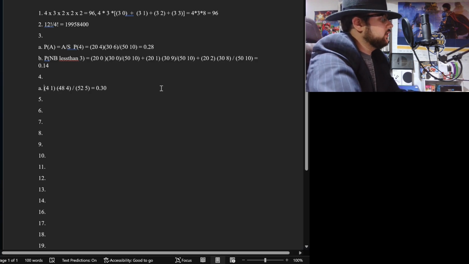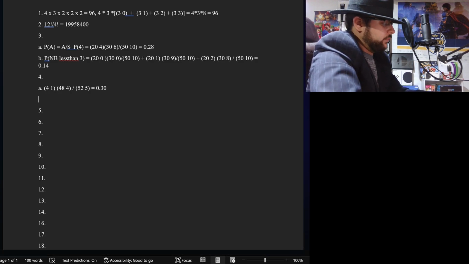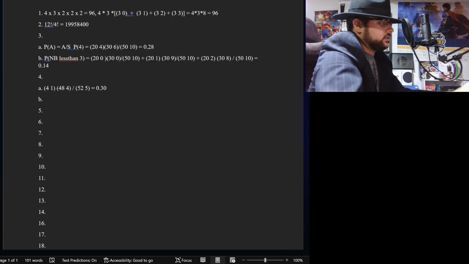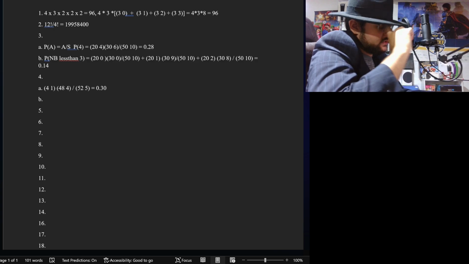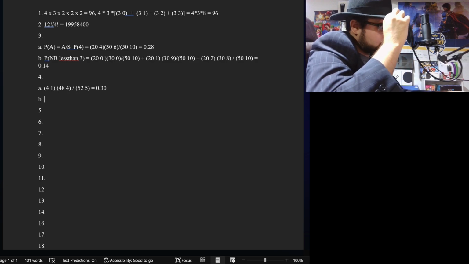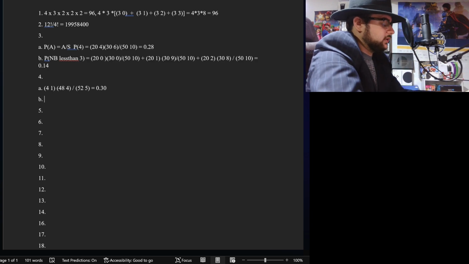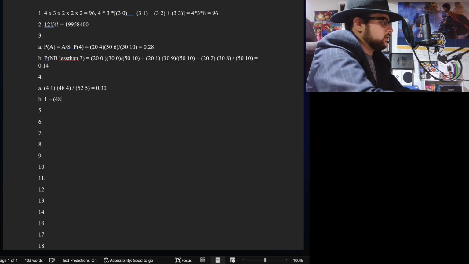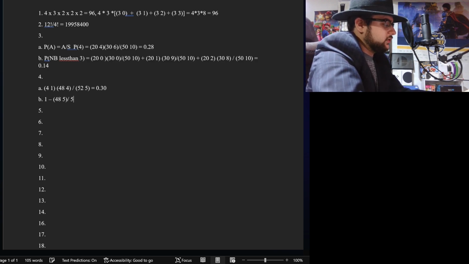There we go. Now for B, very similar setup, but now since there is at least one ace, we can consider that there's only one minus how many other ones there are. So 1 minus C(48,5) over C(52,5), which equals 0.34.